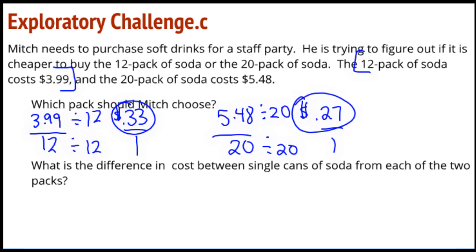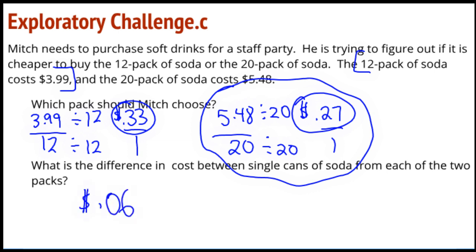And so I'm going to suggest here that Mitch should buy the 20 packs because they cost about 6 cents less per soda.